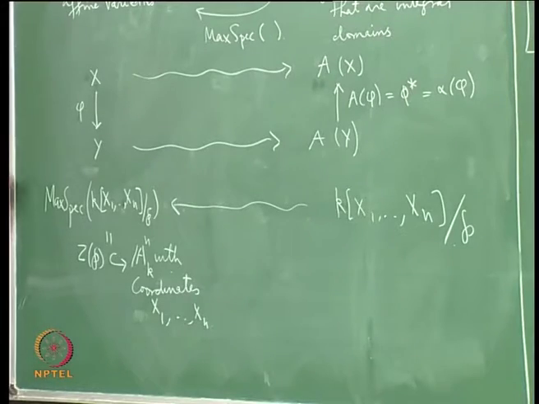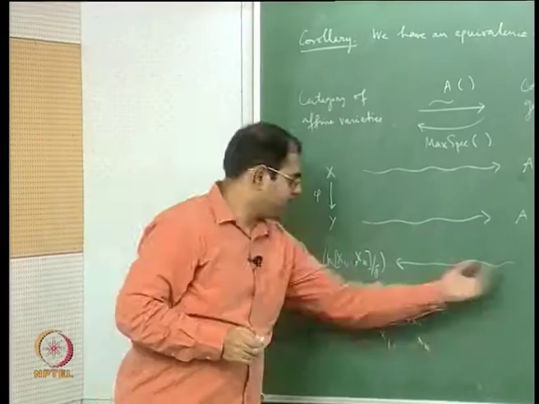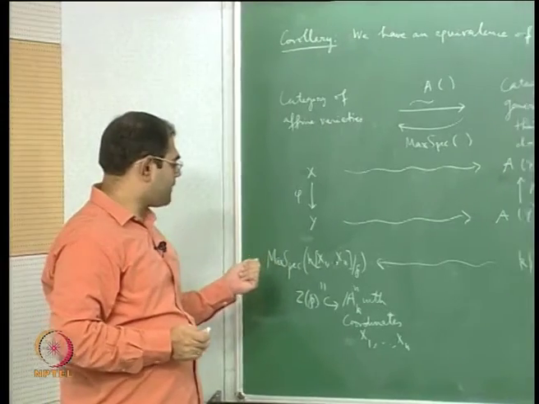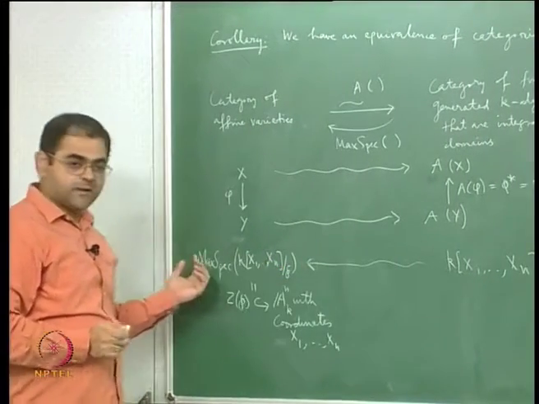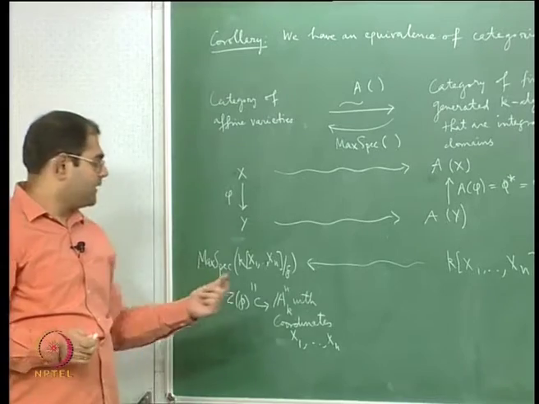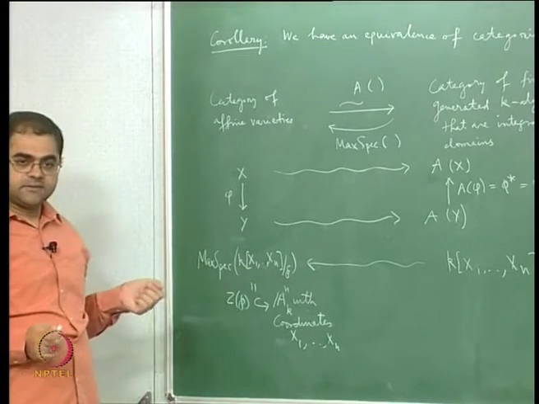And so if you go like this, you get a functor in this direction. This functor is also contravariant.